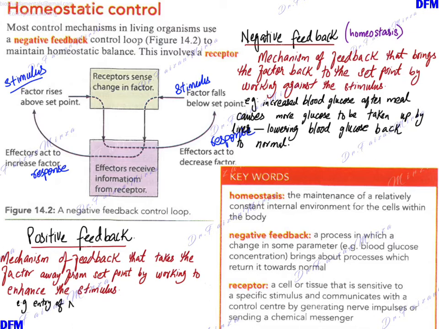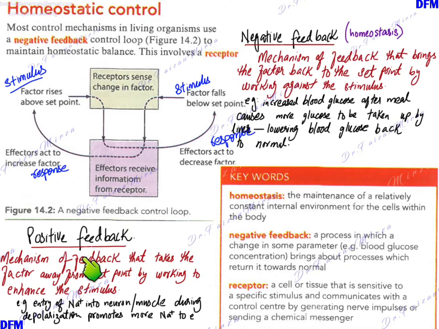For example, the entry of sodium ions inside the neurons or the muscles initiates depolarization. This is a change, a stimulus. If it was negative feedback, it would be brought back to normal. But here, entry of sodium ions into the muscles or the neuron triggers the entry of even more sodium ions inside the cell. So this is not homeostasis, this is positive feedback.